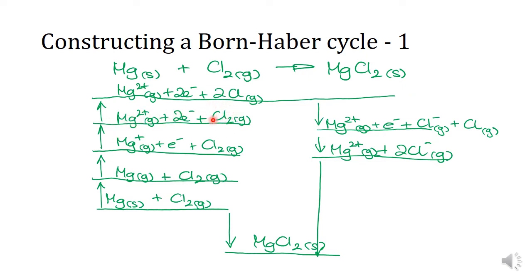I then need to break apart the bond in my chlorine molecule to give me 2 chlorine atoms. I then take one of my electrons and add it onto one of my chlorines. I then take my other electron and add it onto my other chlorine to make my second chloride ion. Then my 1 magnesium ion and my 2 chloride ions form magnesium chloride.